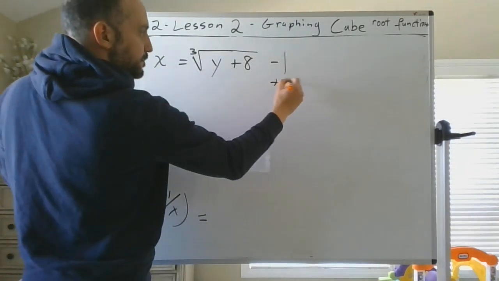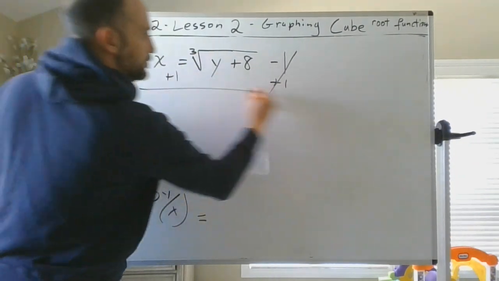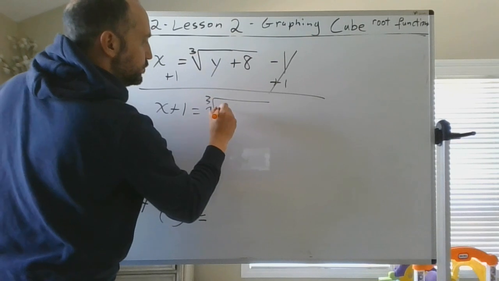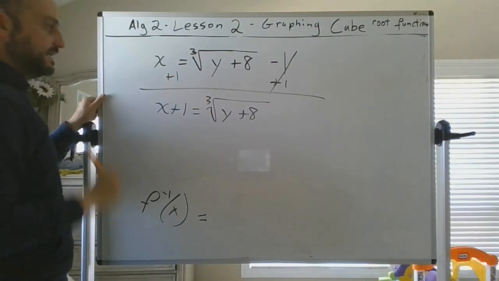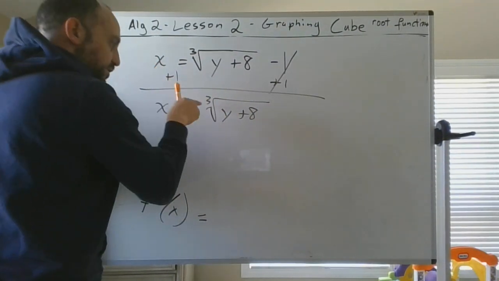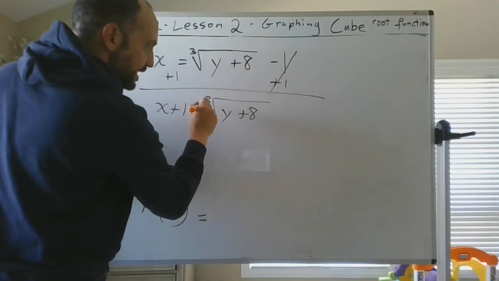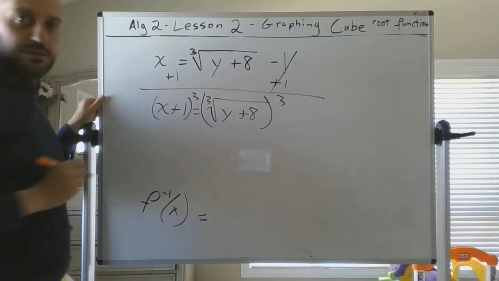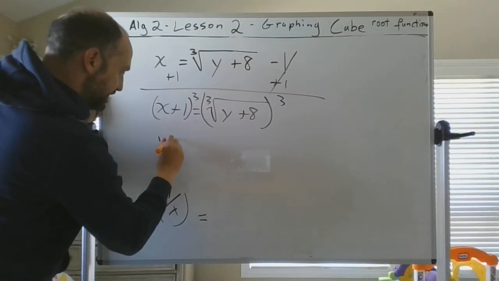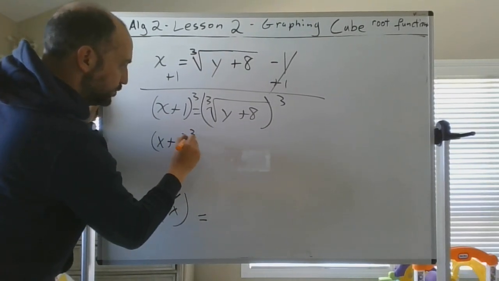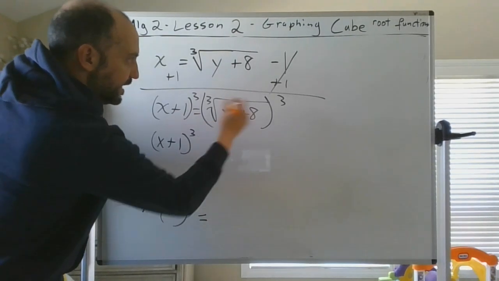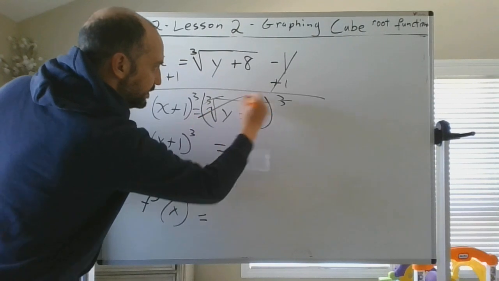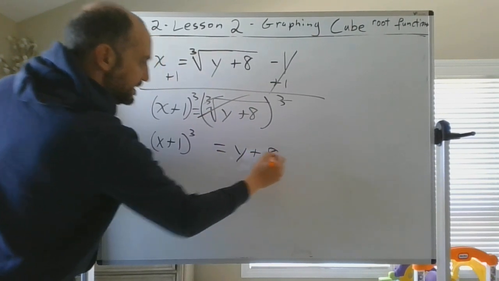First things first. Plus 1, plus 1. Let's rewrite this. x plus 1 equals cube root of y plus 8. Next, I can't do anything here until that cube root is gone. So we need to get rid of that cube root by cubing. What I do to one side, I do to the other. So I'm left with x plus 1 cubed equals, and so cube and cube root cancel, we're left with y plus 8.